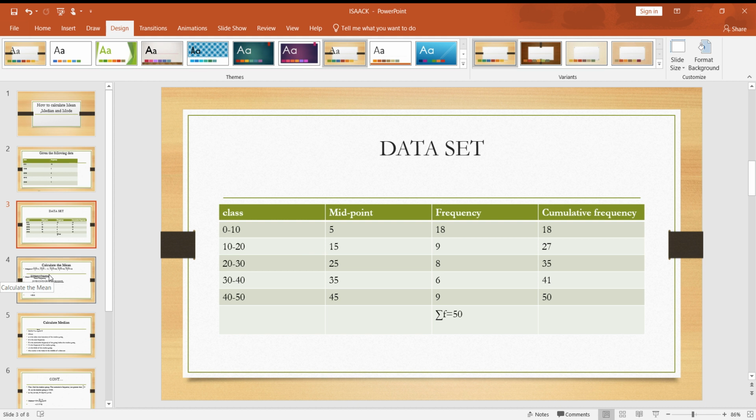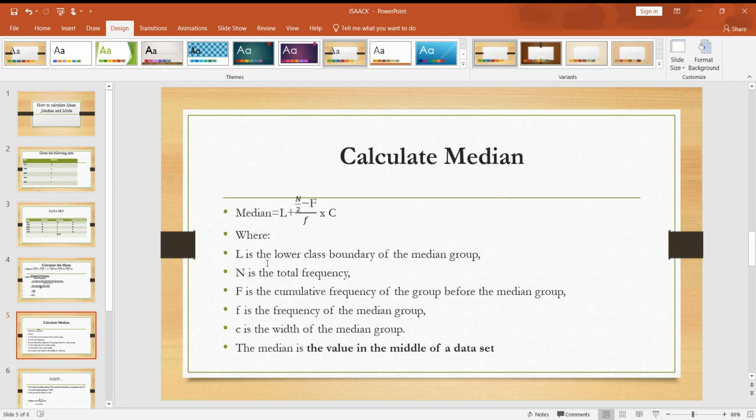Having that in mind, let us look at the formula of median. Median is equal to L plus N over 2 minus F, remember, it is capital F, all over small f, then multiplied by C, whereby L is the lower class boundary of the median group. N is the total frequency.